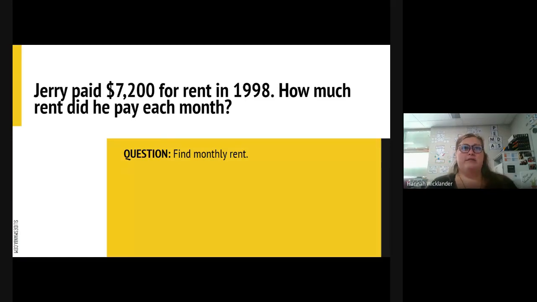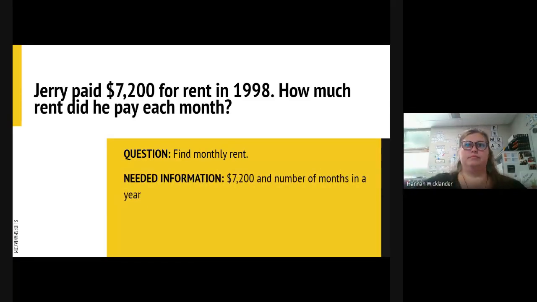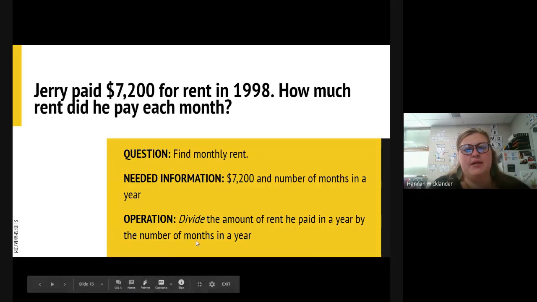So how am I going to find how much he paid each month? What operation would I use? Division, yes. I'm going to divide the amount of rent he paid in a year by the number of months in a year. Good job, guys.